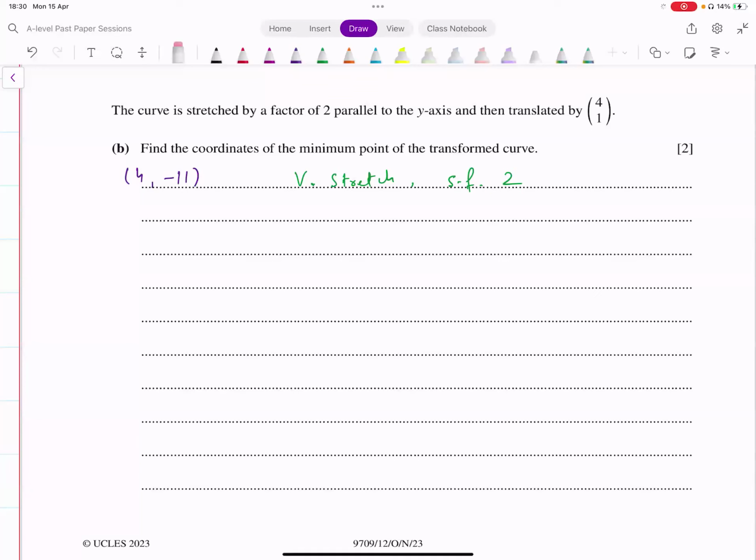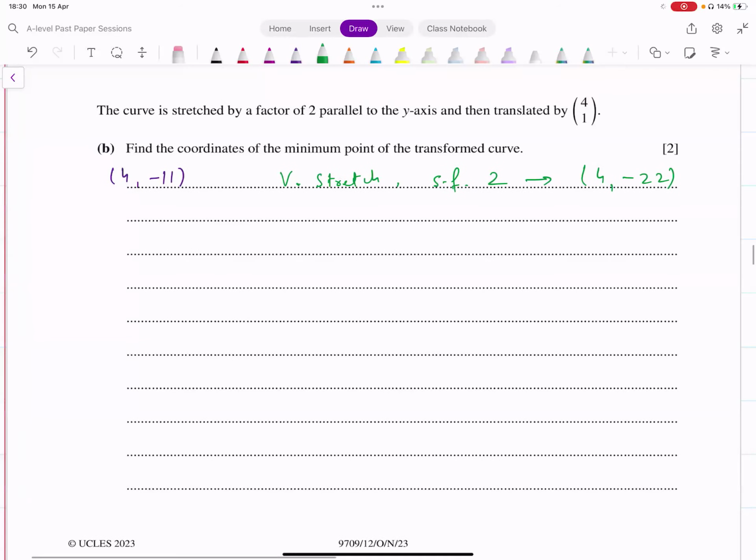So after this transformation, this point 4, minus 11, where does that go? It goes to 4, minus 22. The y coordinate gets multiplied by 2. Right? That's what a stretch does. Whatever the scale factor, your coordinate gets multiplied by that number. So after the first transformation, this is what happens.